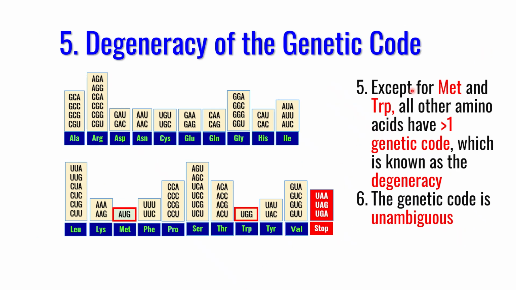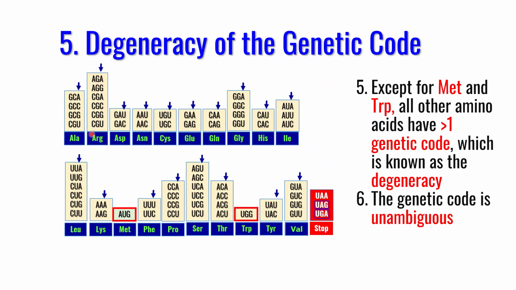So the next property, degeneracy of the genetic code. Methionine and tryptophan are the only amino acids which have only a single genetic code. Remaining all other amino acids have more than one genetic code, which is called degeneracy of the genetic code. The degeneracy occurs at the third base.